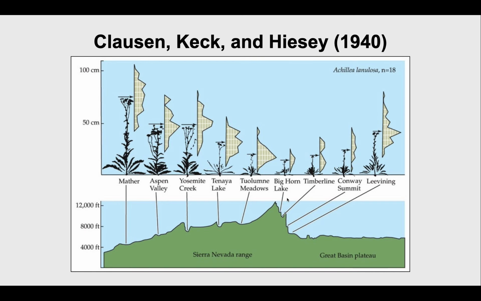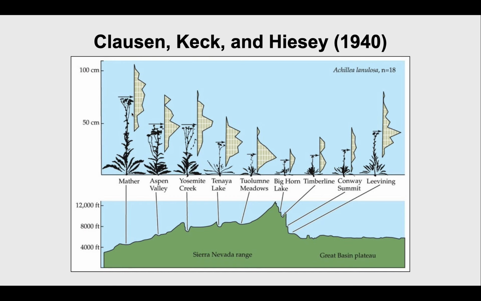They looked at this plant that grew along this entire elevation gradient. So elevation is our environmental pressure that we are looking at. And they found that depending on where they grew on that range, their height differed. Plants that grew at higher altitudes tended to be smaller, whereas plants that grew at lower altitudes tended to be larger.